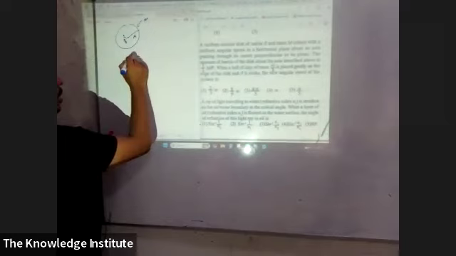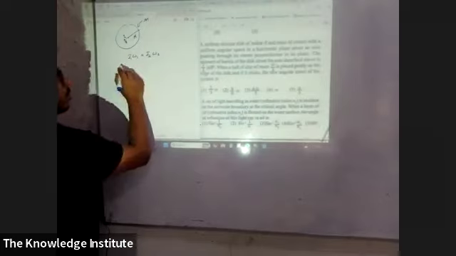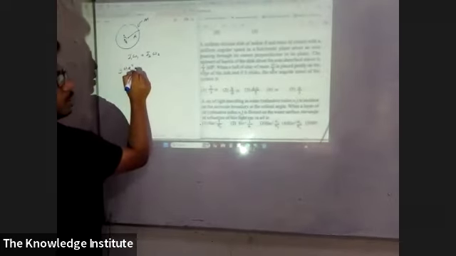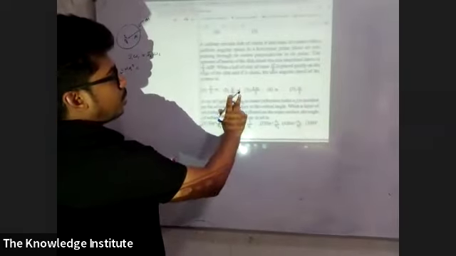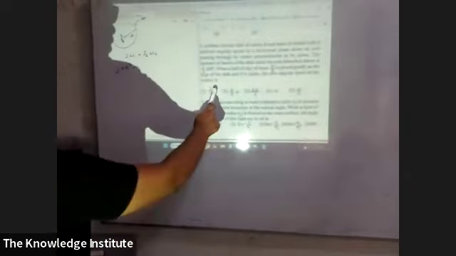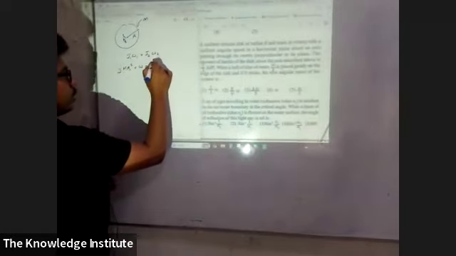So I can write I1 omega 1 equals I2 omega 2. I1 is half mr squared, and the initial angular speed is omega. So half mr squared omega equals I2 omega 2.